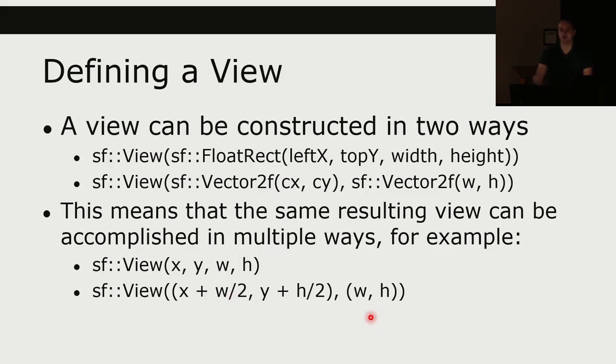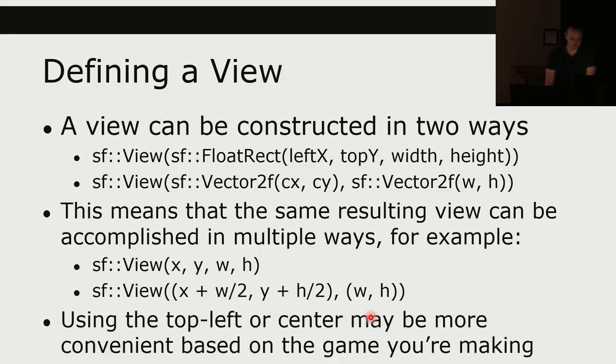Okay, so any view that we want to actually specify, there are two different constructors. And so this doesn't make a new thing possible. It's just that you may want to use one of these constructors in one case if you're following something around, and maybe not use it in another case, like where you're trying to just show a room, for example. So using the top left or center method may be more convenient based on the game that you're making.